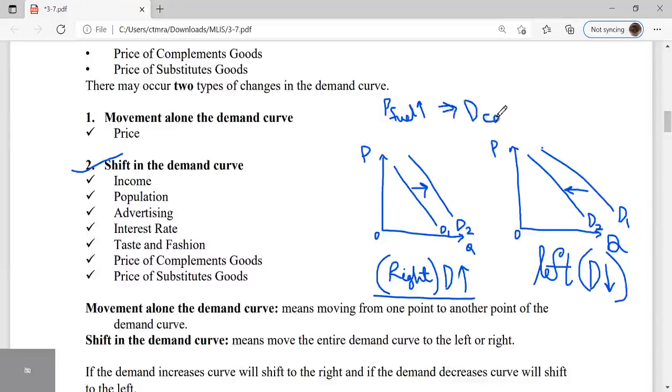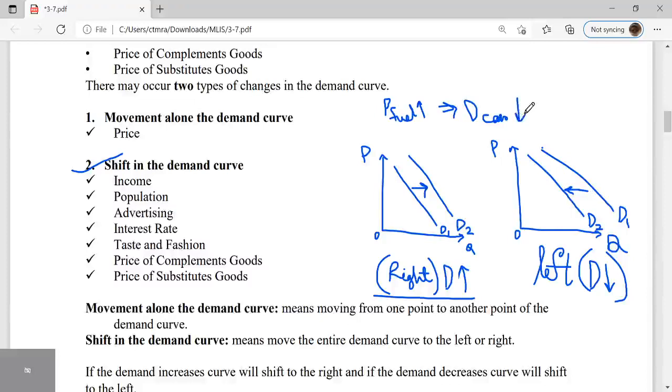As we have to buy them together, this rise in fuel price will reduce the demand. So there will be a leftward shift of the demand, right? Because maintaining a car will become expensive, so the demand will fall.